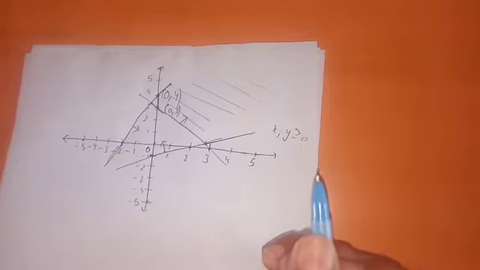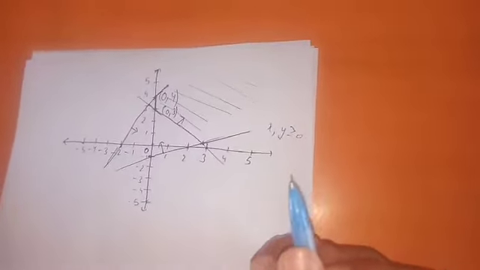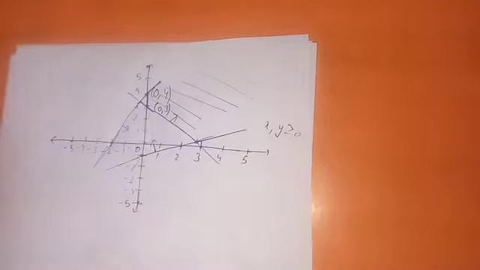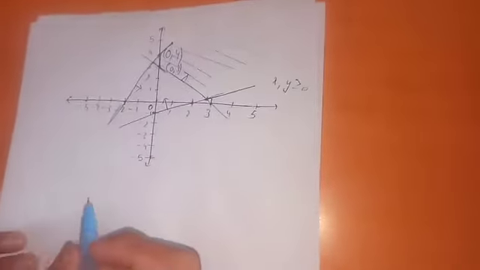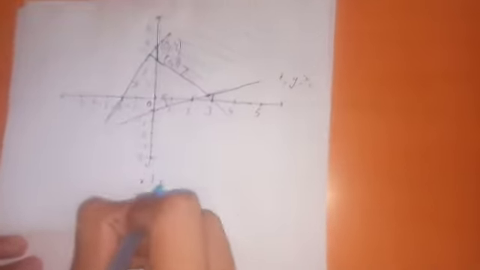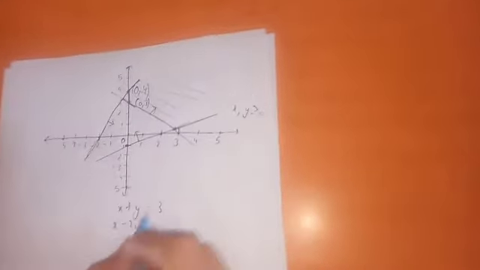Okay, we will find the values of x and y, and those values of x and y will be the point of intersection. Okay, and which are these two lines? First is x plus y is equal to 3, this one. And this one is x minus 2y is equal to 2.